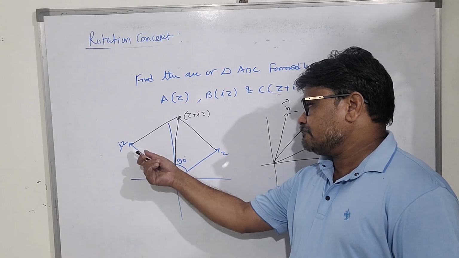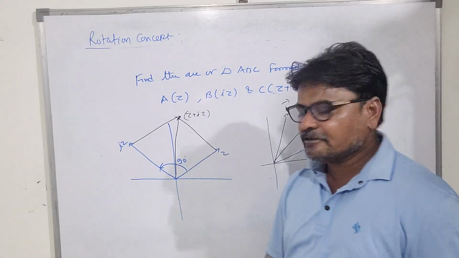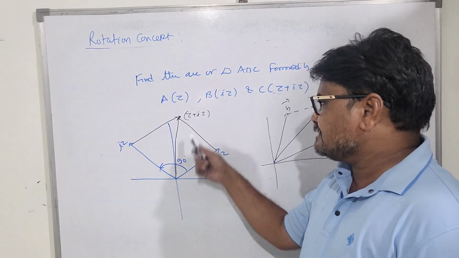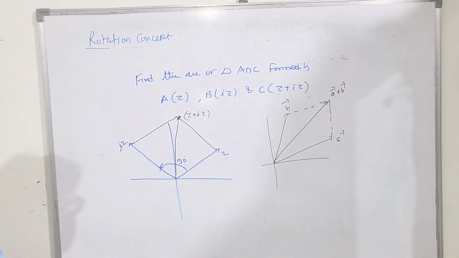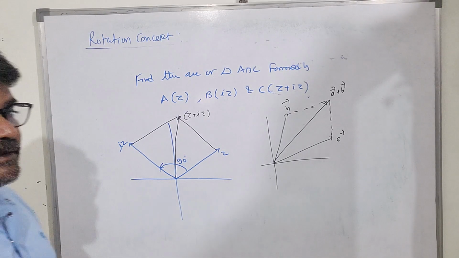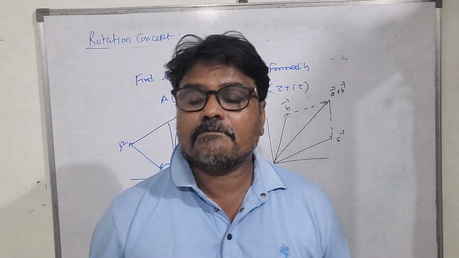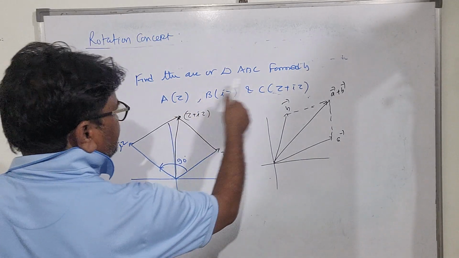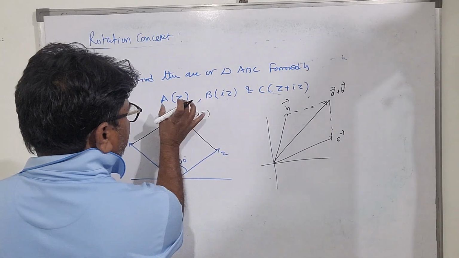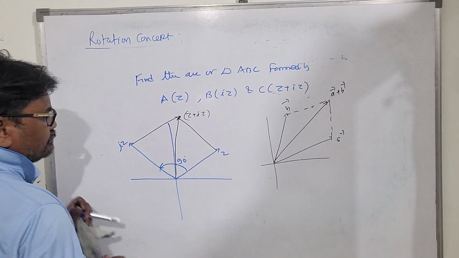Here another vector represented by the complex number iota z. So the resultant vector is represented by the complex number z plus iota z, which clearly obeys the parallelogram law of vector addition. But here we have to find out the area of the triangle ABC formed by these 3 points. So how to do that?